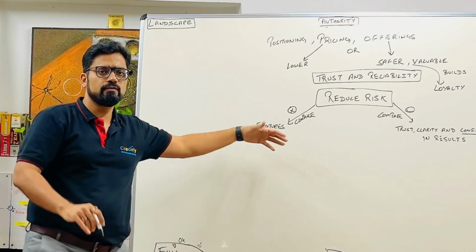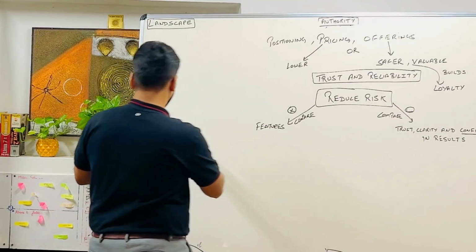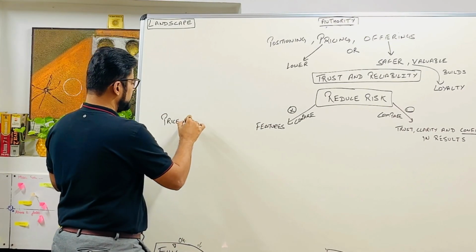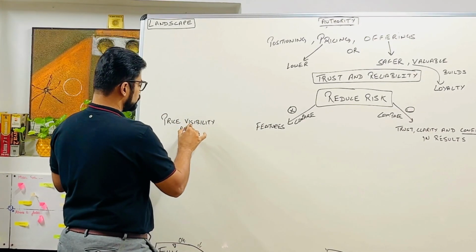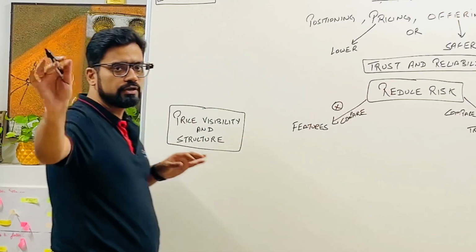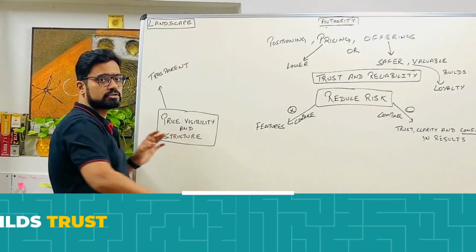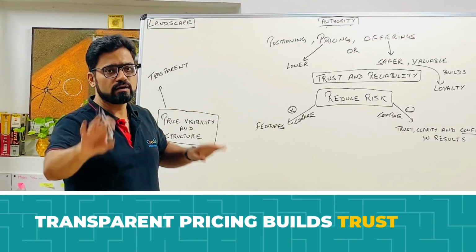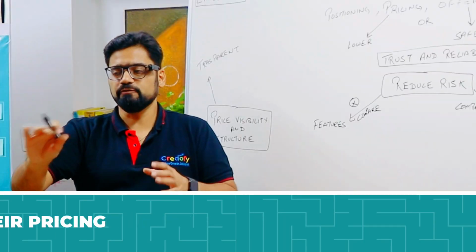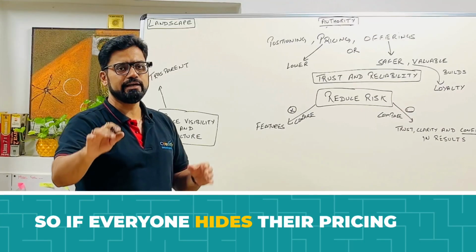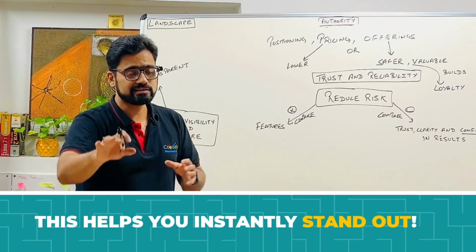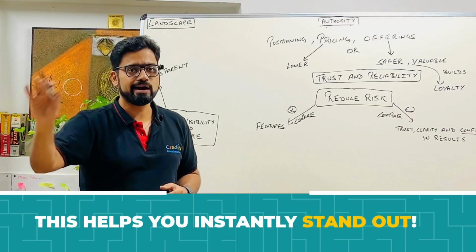So moving further, we are going to talk about the price, visibility, and the structure. Make sure your pricing is transparent, because transparent pricing builds trust and speeds up decisions. If everyone hides their pricing and you show yours, this helps you instantly stand out.